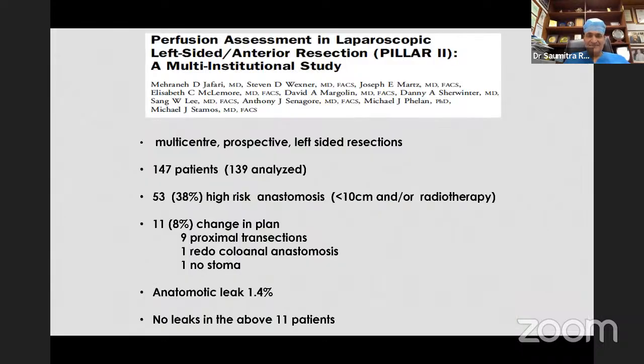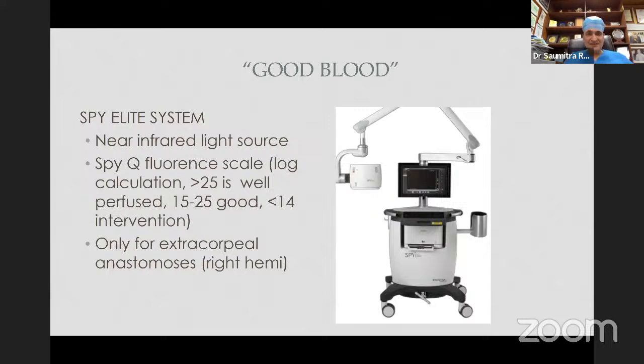They have done a PILLAR 2 study where in 11 of their patients, they changed the plan. In 9 of them, they did a proximal transection slightly more proximally, and in one of them they had to redo the coloanal anastomosis, and their leak rate was pretty good, 1.4%, and no leak in the above 11 patients where they changed their plan.